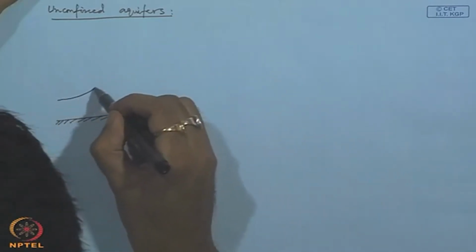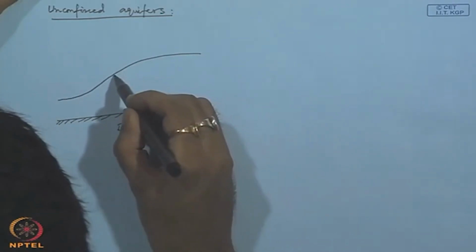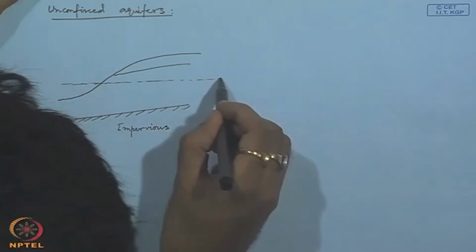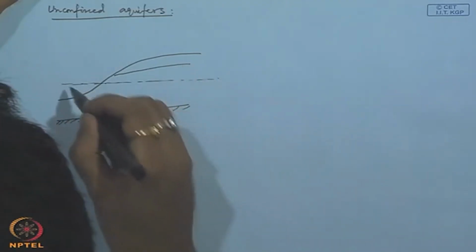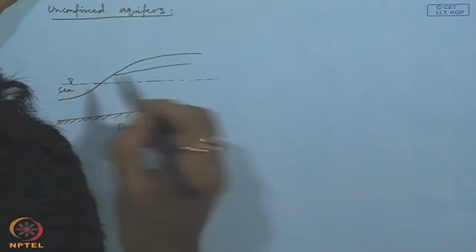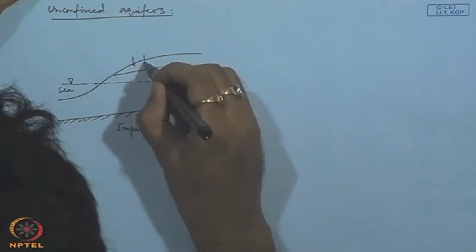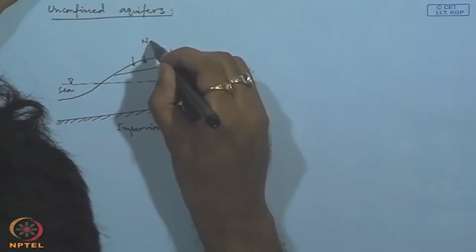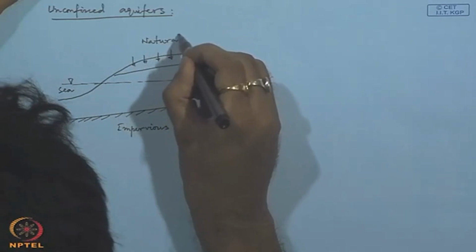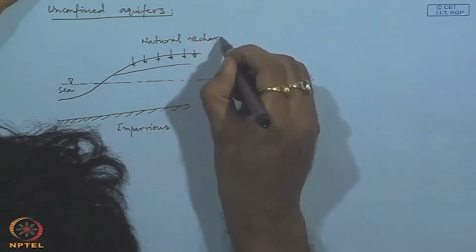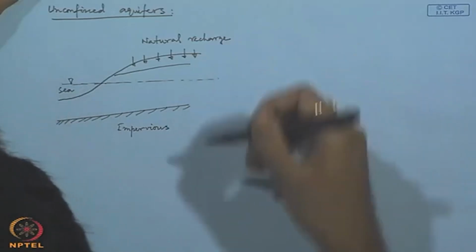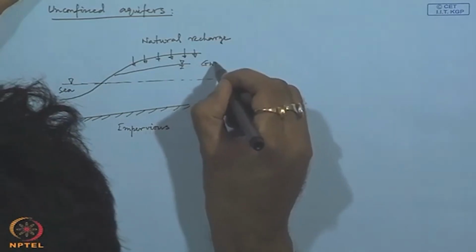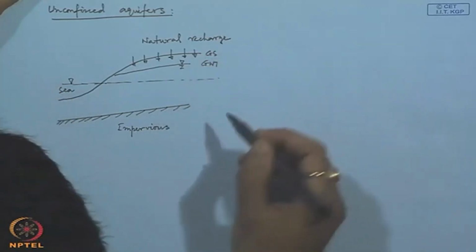Then this is sea level, and natural recharge is occurring from the top. This is our groundwater table or GWT, this is our GS or ground surface.